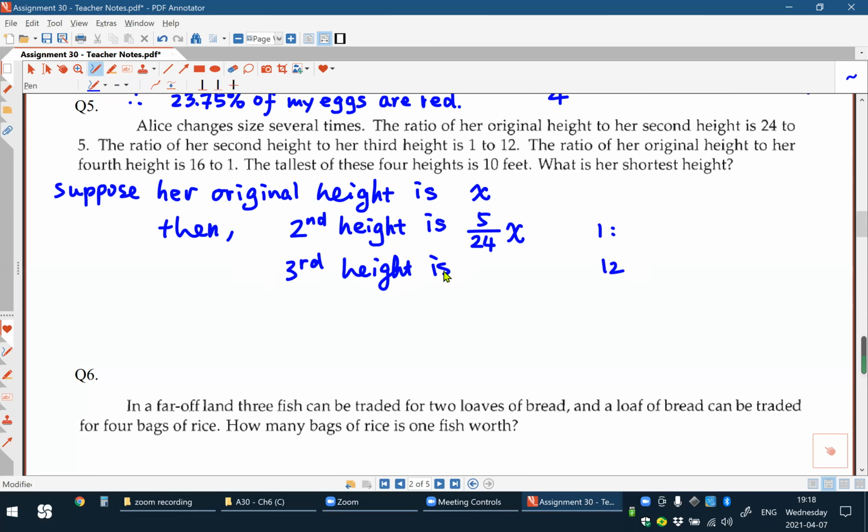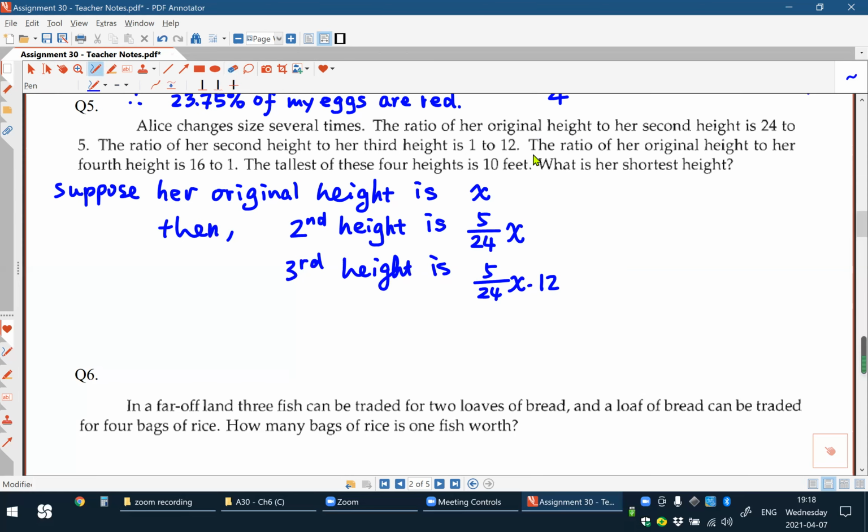So that means the third height is 12 times as high as the second height, right? So the third height is 5 over 24x times 12. Okay, so what else do we know here?